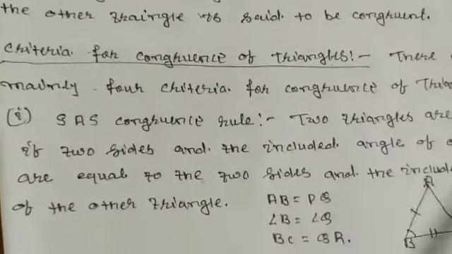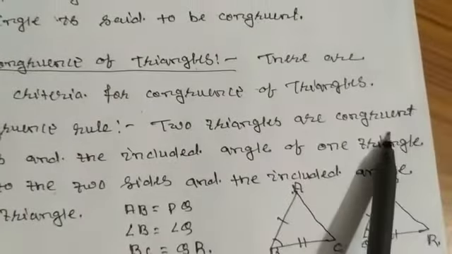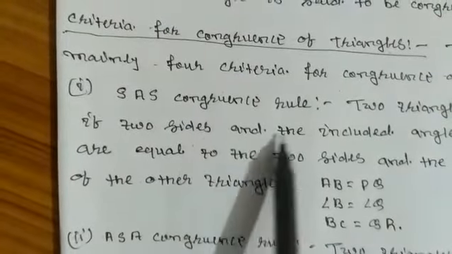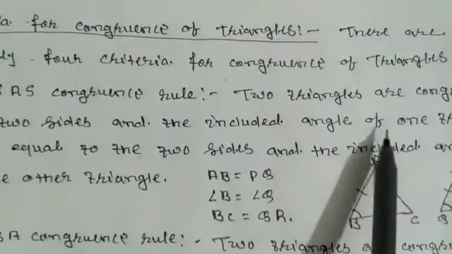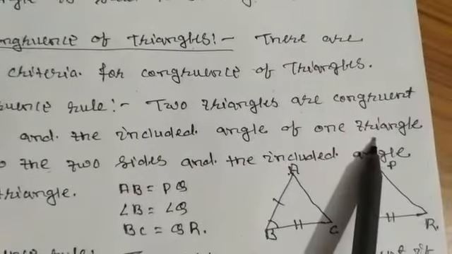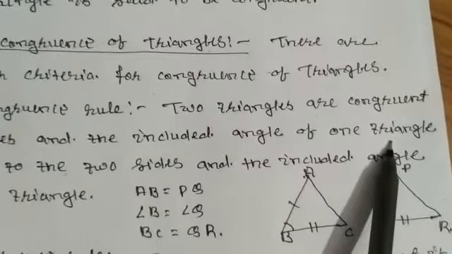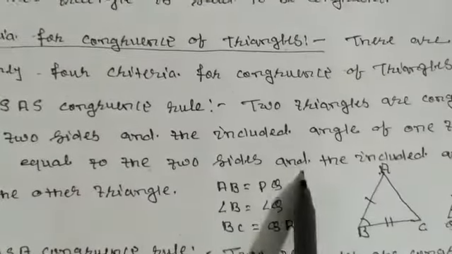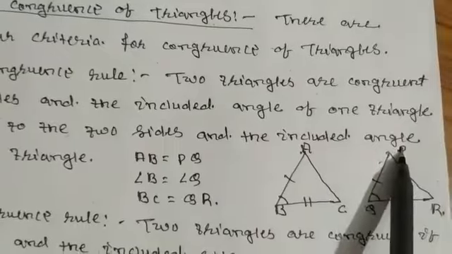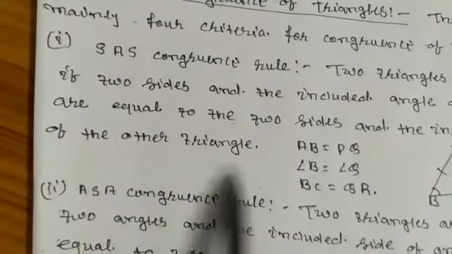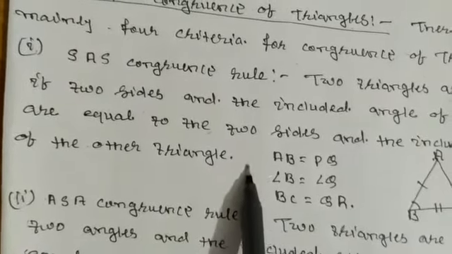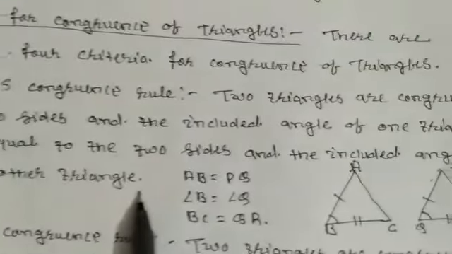Two triangles are congruent if two sides and the included angle of one triangle are equal to the two sides and the included angle of the other triangle, then the two triangles are said to be congruent by the SAS condition.